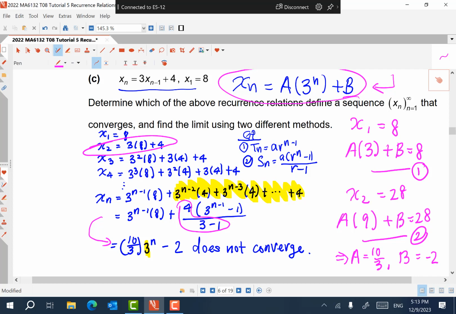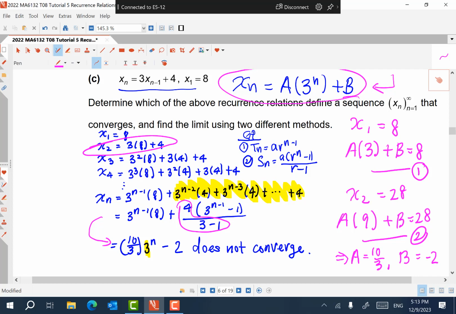Okay. Do a class survey. Who is for the pink? It means you will use the pink method. You like pink. As long as it is of this form, the pink works all the time.